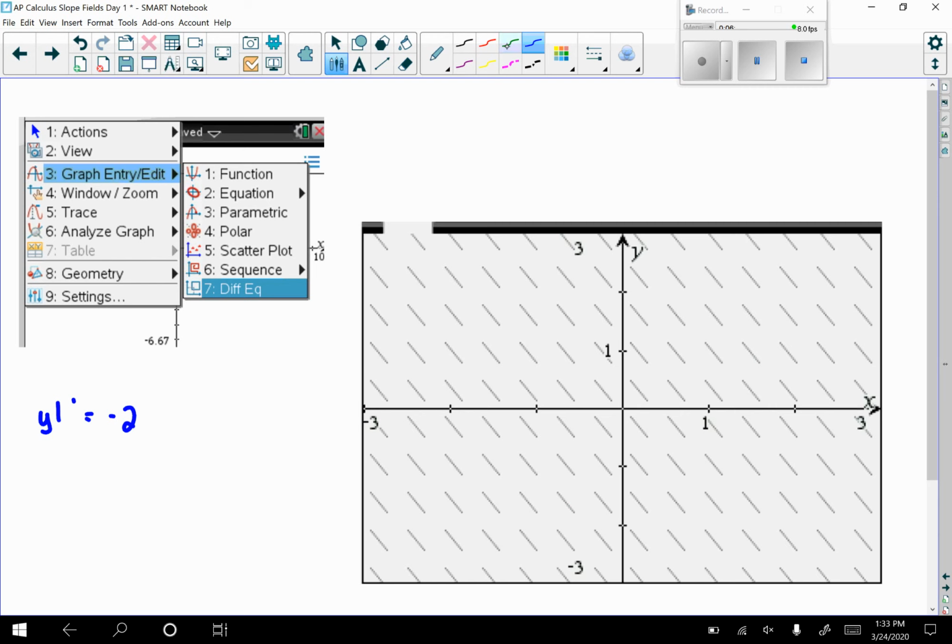Now, if we had a specific solution, let's say that C ended up equaling 1, then we would go right up here. And if you notice, I'm just going to draw a line in here that if we were to go up to and over 1, we would have something maybe like right here. So looking at this line, an example. If C happened to be 1, we would have it going through 1. If we were looking at, let's say, C is equal to -1, we would have something that looks like this.